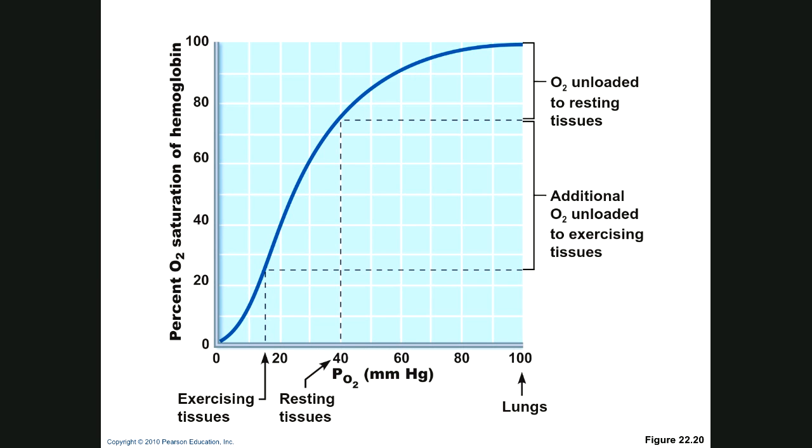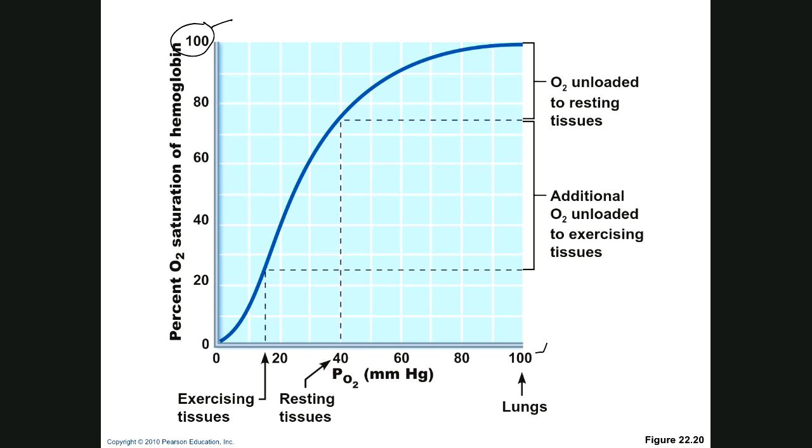Okay, so this right here is what's called a saturation curve for hemoglobin. It's giving you the concentration of oxygen in millimeters of mercury on the x-axis. On the y-axis is the percentage of saturation of the hemoglobin. If it says 100%, that means 100% saturated, it has as much oxygen as it can hold.